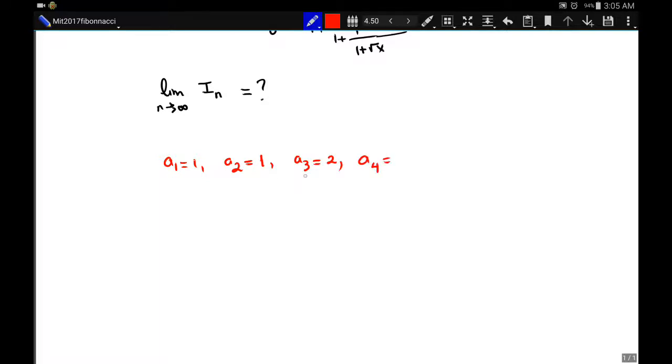A4 is the sum of A2 and A3, the previous two items, 1 plus 2, so it is 3. A5 is the sum of A3 and A4, which is 5. A6 is 3 plus 5, 8, and so on. So this is called the Fibonacci sequence.